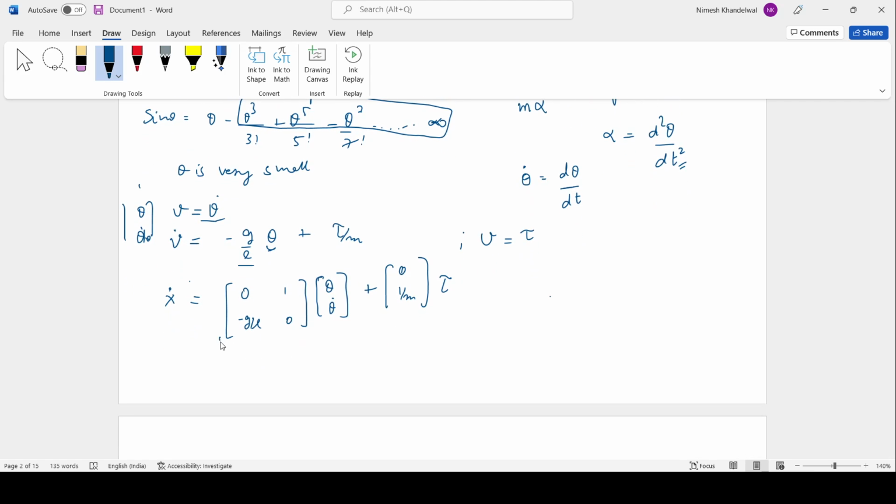So you see, this is of the form x dot is equal to ax plus bu.